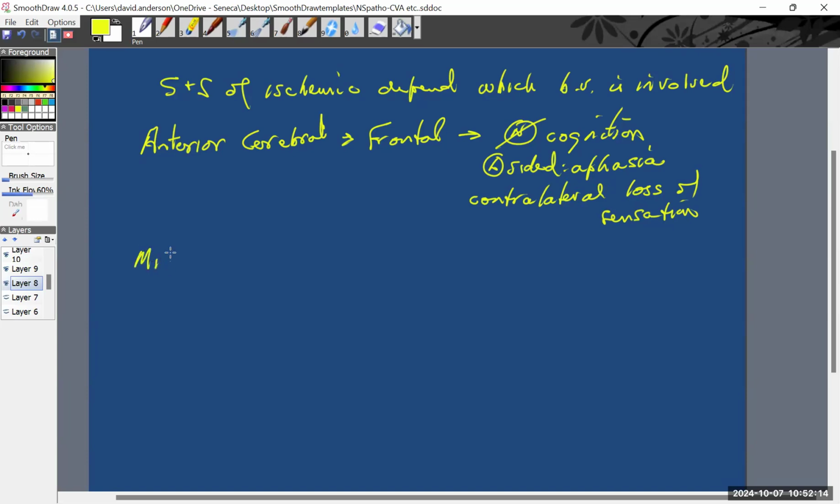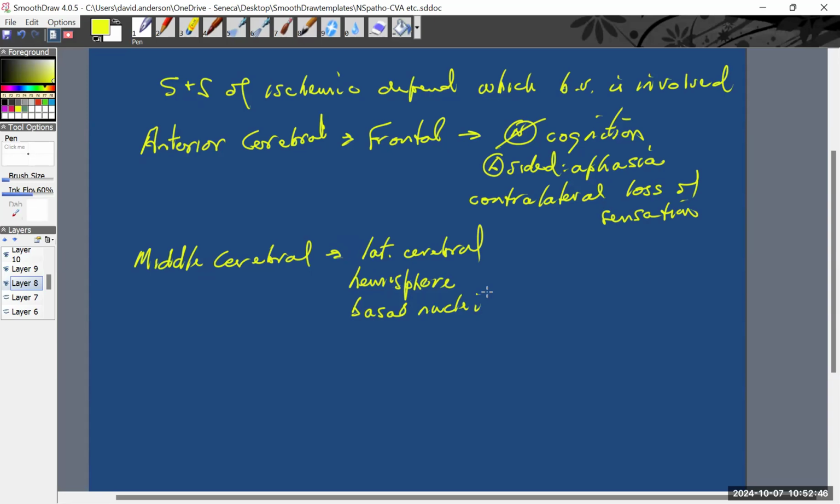If we talk about the middle cerebral artery, the territory that the middle cerebral is responsible for is the lateral cerebral hemisphere. So just think again what's involved there, including deeper down in this region are the basal nuclei.